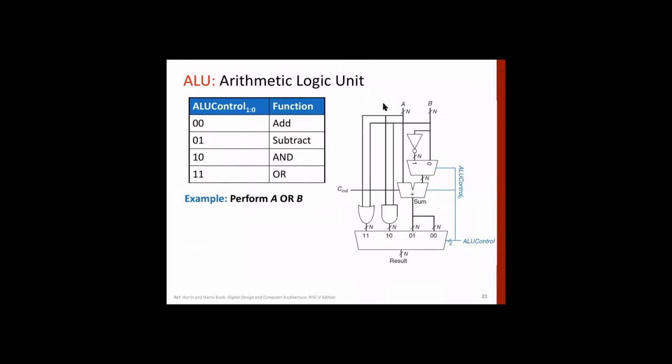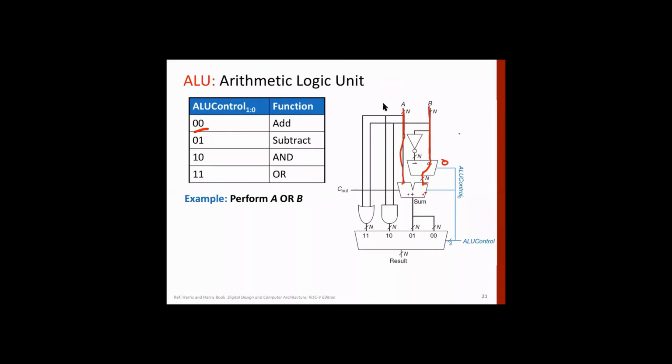What we have here is this part is for summation. If both bits are 0 0, then this is 0. It means A is of course coming directly to this adder, then B will come here, and this mux will select this, and this adder will perform the summation.